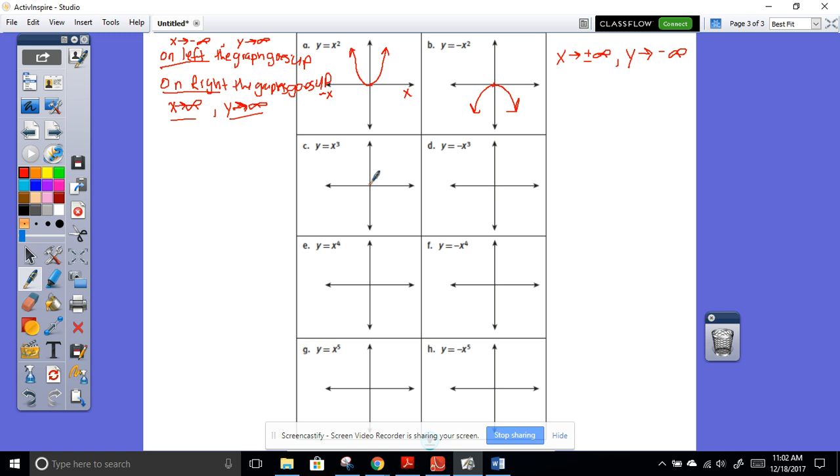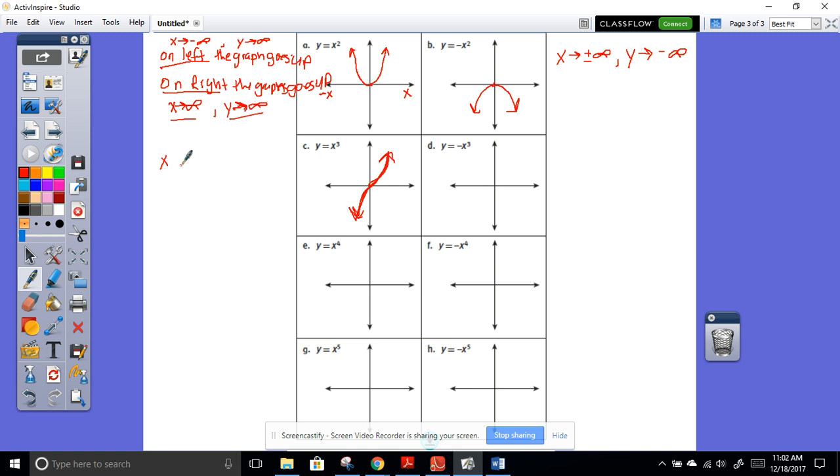Okay, x cubed. Type it in your calculator if you want to see what it looks like, but this is basically it. It's a pretty bad sketch, but that's what x cubed looks like. And what's happening here as x goes to the right, what's the function doing? It's going up. And as x goes to the left, it's going down.